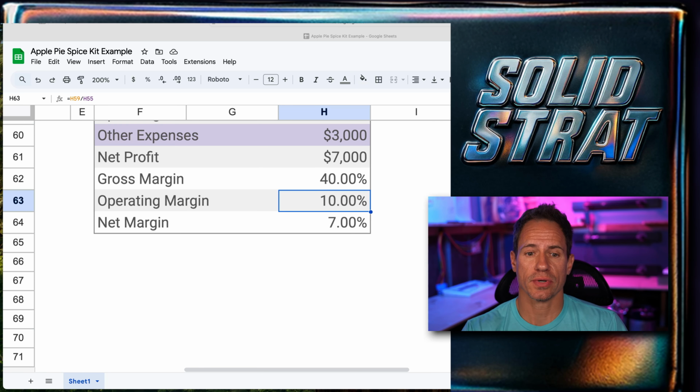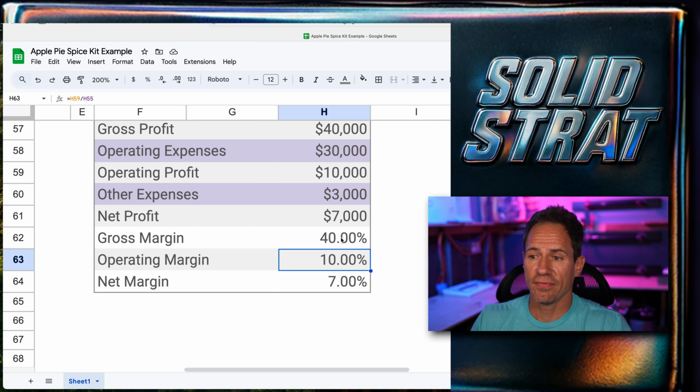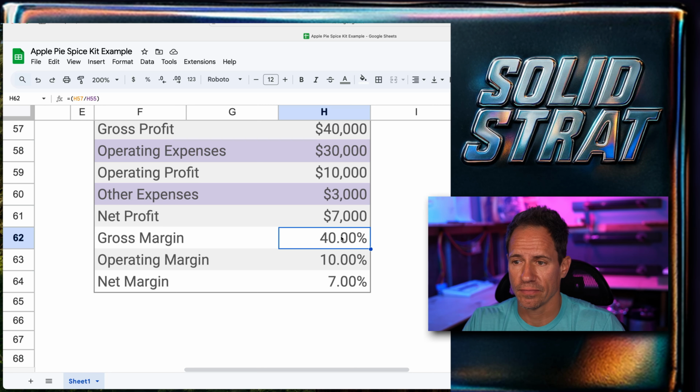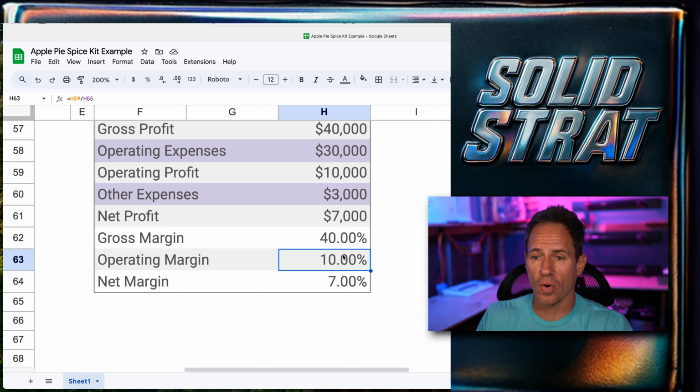This number gives you a clearer picture of how healthy your business is once real world costs are included. It tells you how efficiently your business is running at an operational level. If you have a gross profit margin of 40%, right, which is pretty healthy, and you have a low operating margin or no operating margin, that means your products are priced well, but you're not running your business very efficiently.